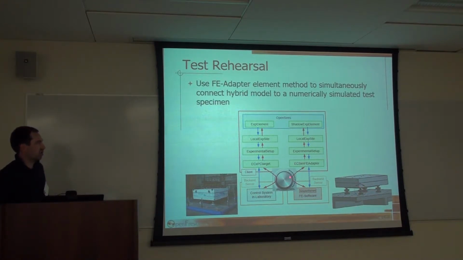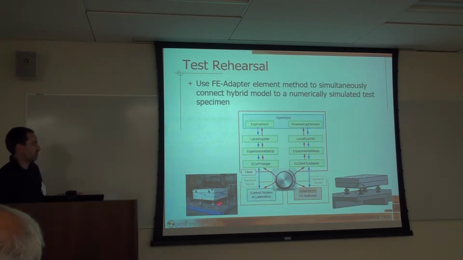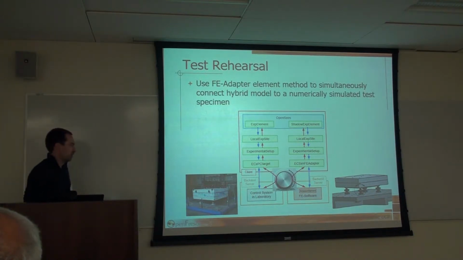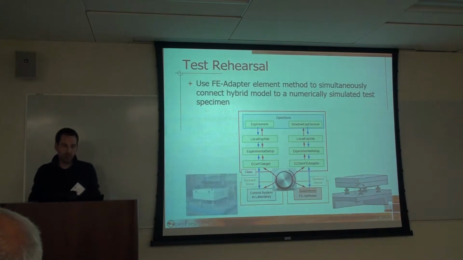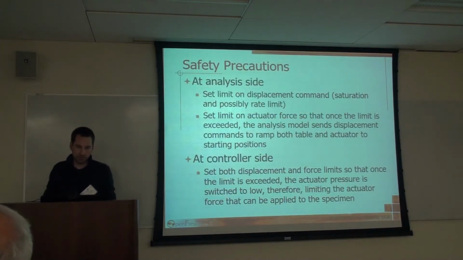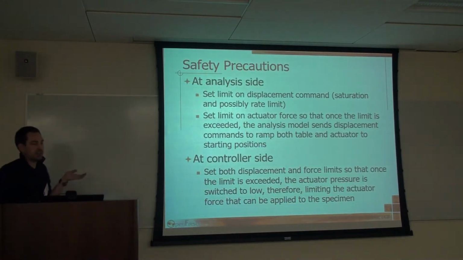And then when we feel confident, we start turning this dial. And we maybe put 50% of the feedback from the real thing, 50% from the analysis, and then finally we go all the way to 100% feedback from the specimen. Other things we need to look at is safety precautions. On the analysis side, we got to make sure we're setting limits correctly.